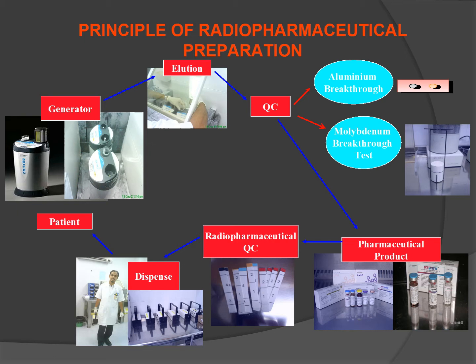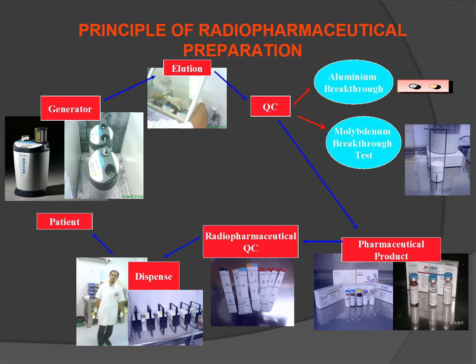And if the quality control is passed, then we have to select the pharmaceutical product. This pharmaceutical product is a non-radioactive product. Why do we have to use the pharmaceutical product? Because the radioactive that we use actually does not specifically go to all organs that we want to image. Like technetium 99M, the physiological uptake of the tracer is only in the thyroid, salivary gland, and stomach, and it will be secreted in the bladder.